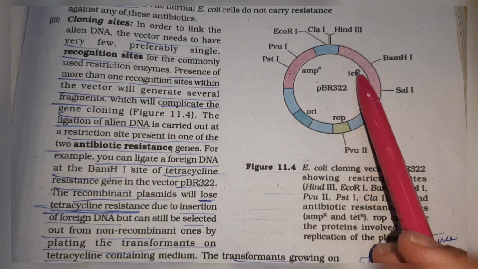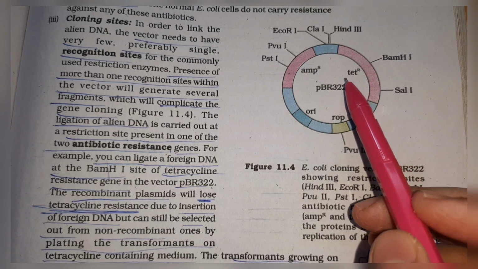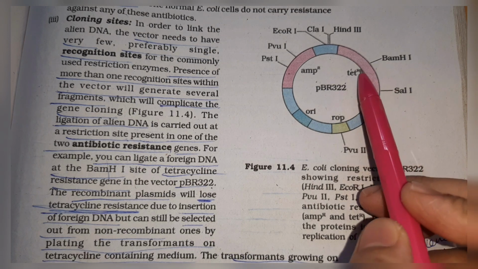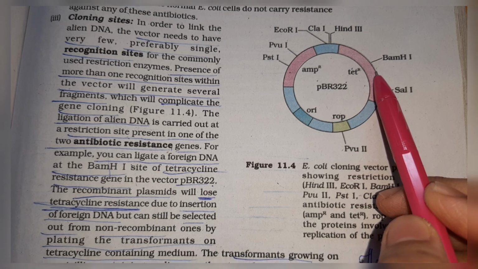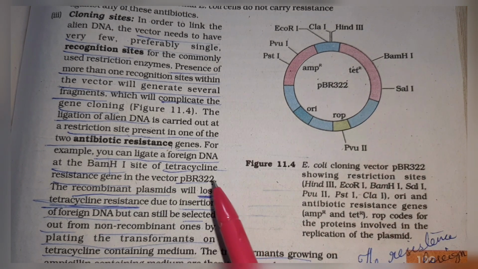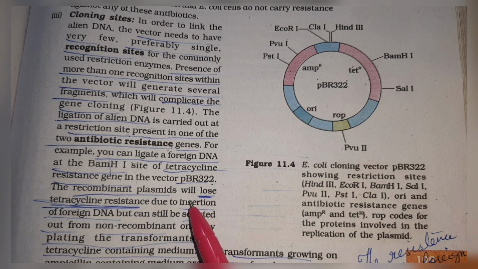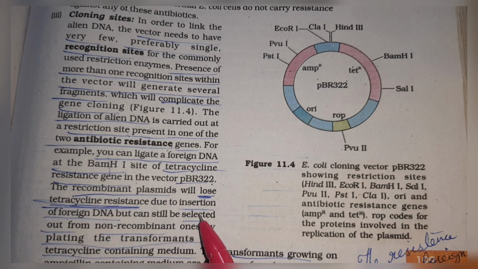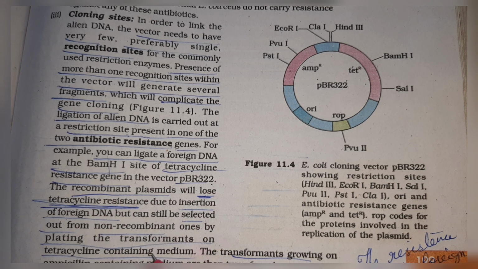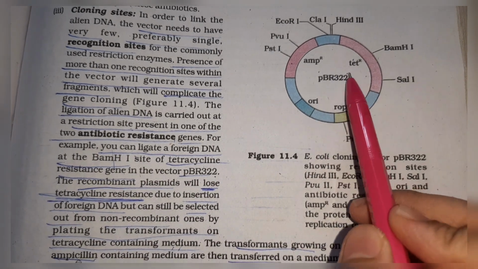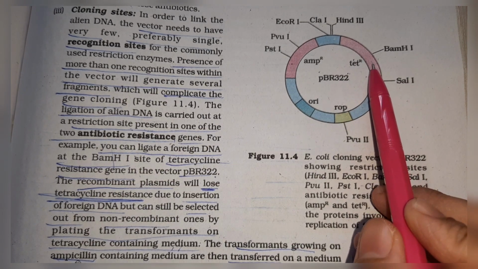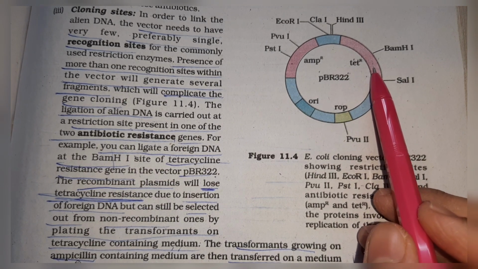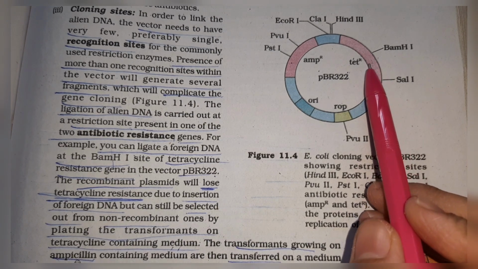Here in this tetracycline resistance area, if we insert the foreign gene in the BamHI site, the recombinant plasmid will lose tetracycline resistance due to the insertion of foreign DNA, but can still be selected out of non-recombinant ones by placing the transformants on a tetracycline containing medium. This DNA is inserted here, and if it gets transformed, then it will lose its capacity to resist tetracycline.